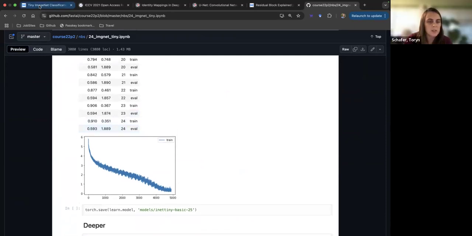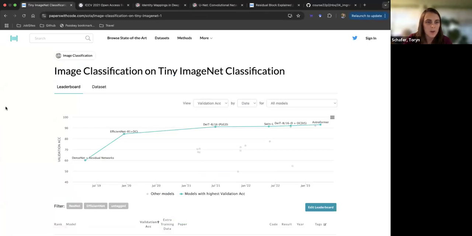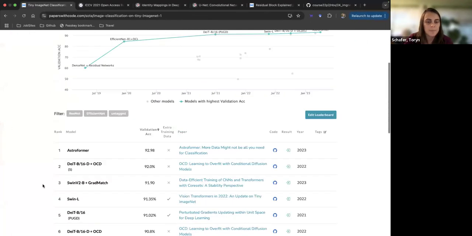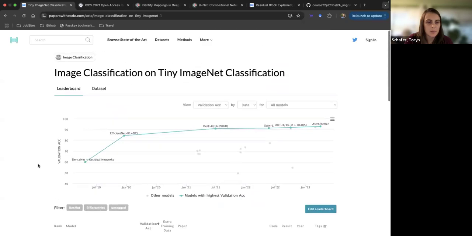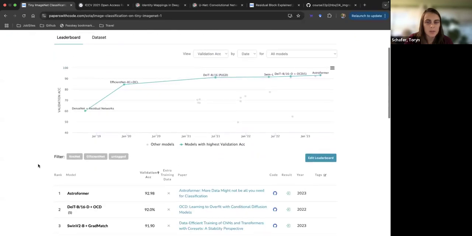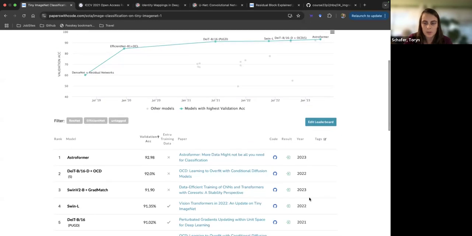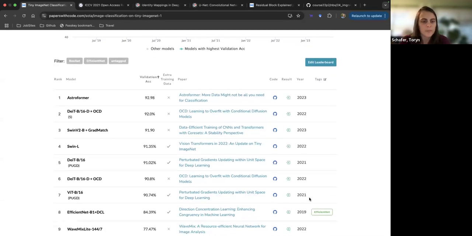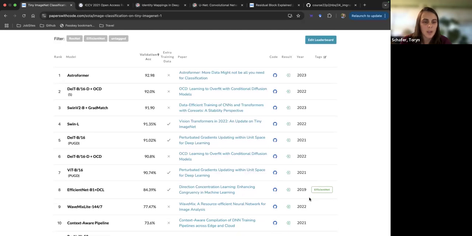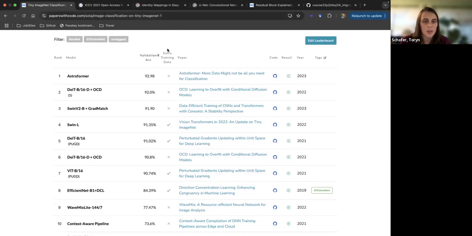And we looked at this plot from Papers with Code. We're a couple years ahead, and the video was in 2022. So he was looking at this and looking here, extra training data.